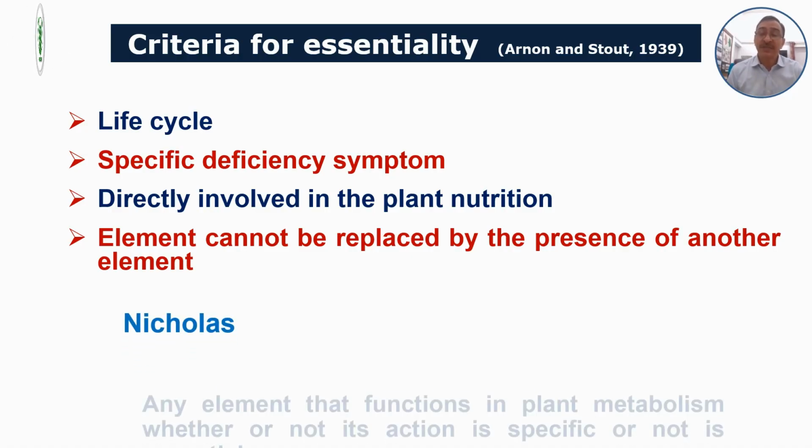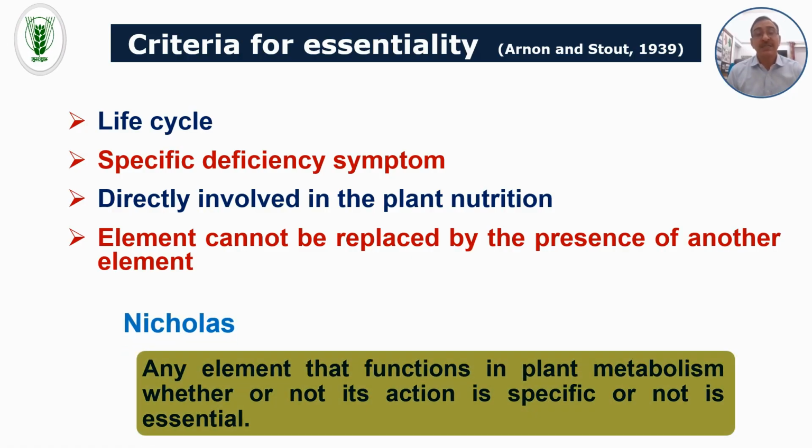And if it is essential, then it must show some deficiency symptoms, it is directly involved in plant nutrition, and its place cannot be replaced by any other nutrient. But further, Nicholas modified this criteria, and suggested that whether its function is clear cut or not, whether its action is specific or not, if it plays any role in plant metabolism, it should be considered essential.